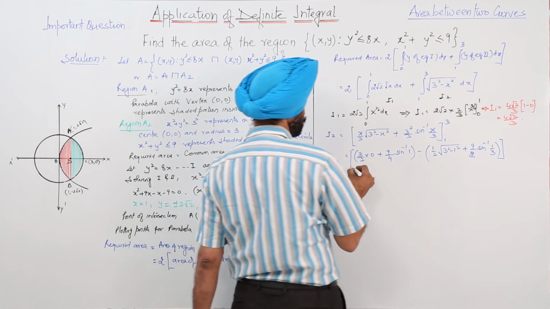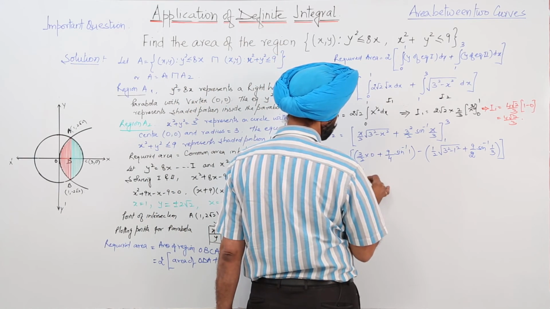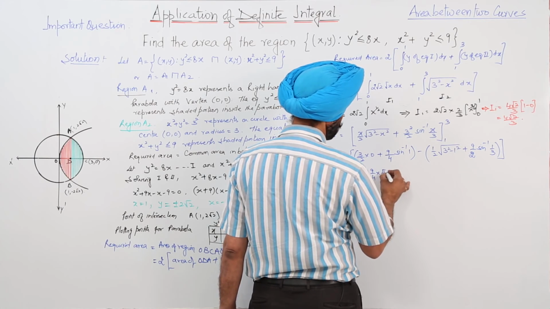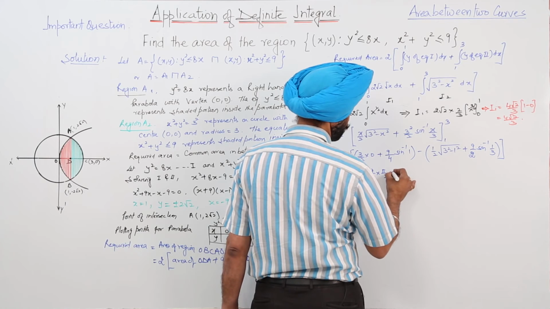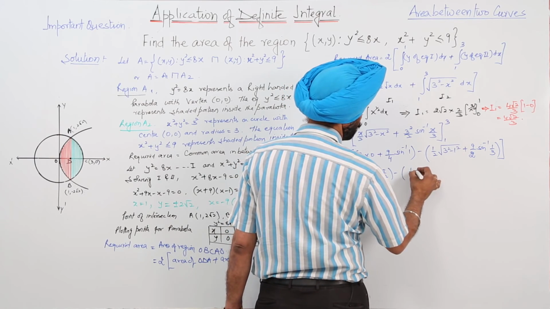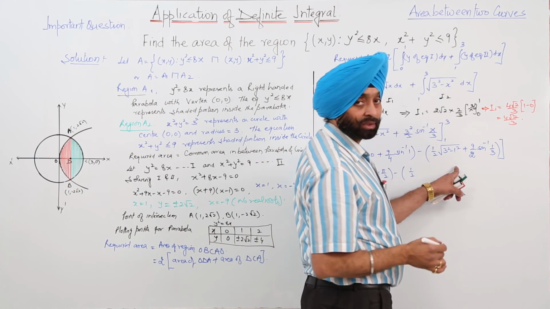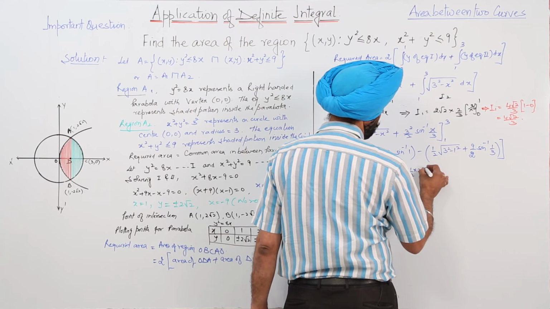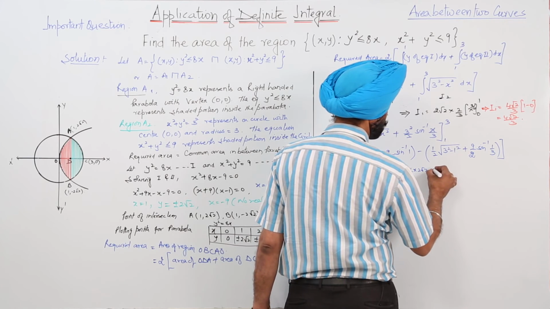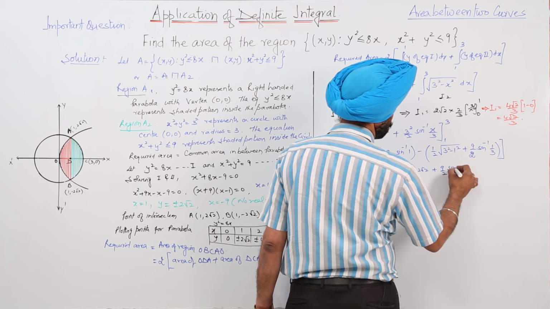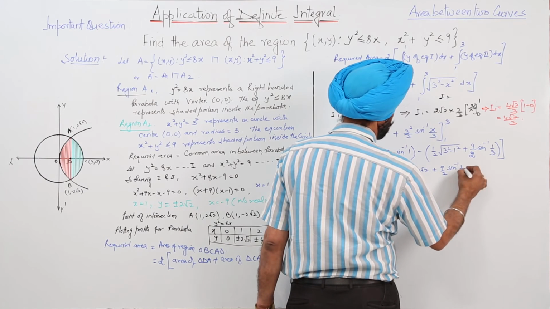Now this becomes 9 by 4 into pi by 2, minus 1 by 2. Now 3 square is 9 minus 1, 8, so 2 root 2, plus 9 by 2 sine inverse 1 by 3.